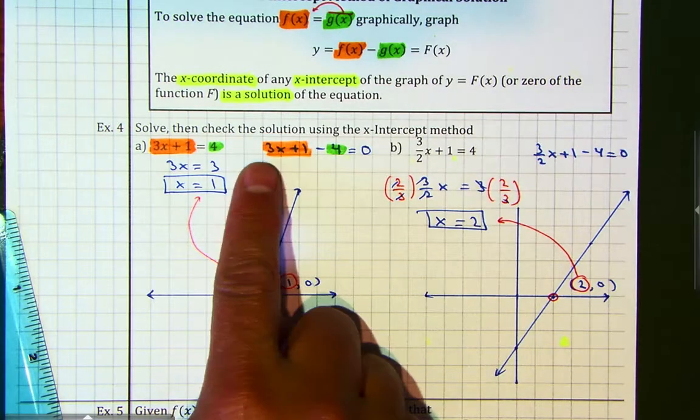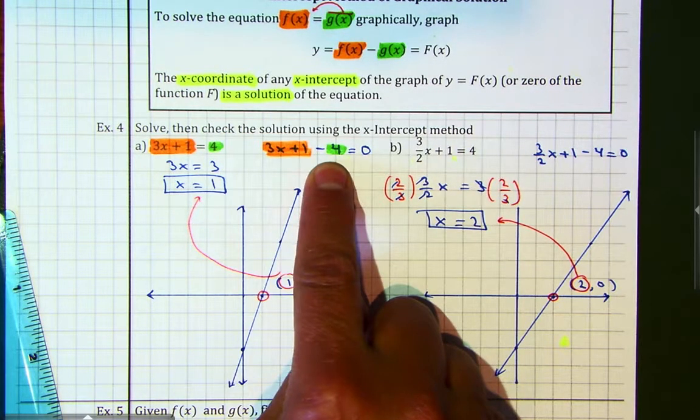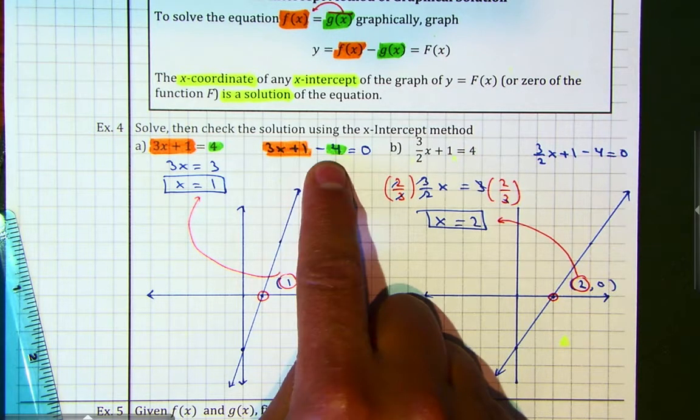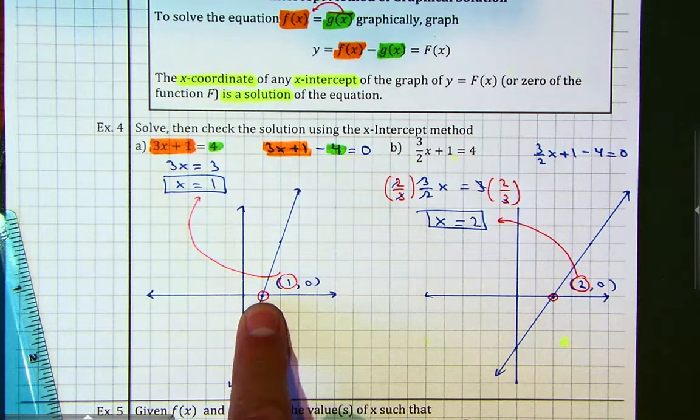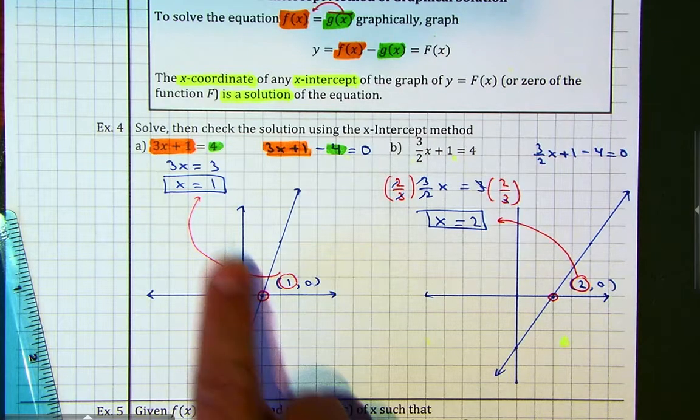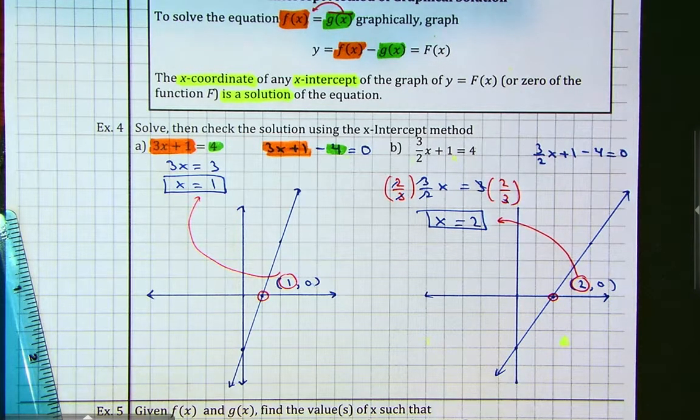Or if we just move the 4 to the left, make it equal to 0, then if we graph here, the x value of the x-intercept is your solution. Let's continue to example number 5.